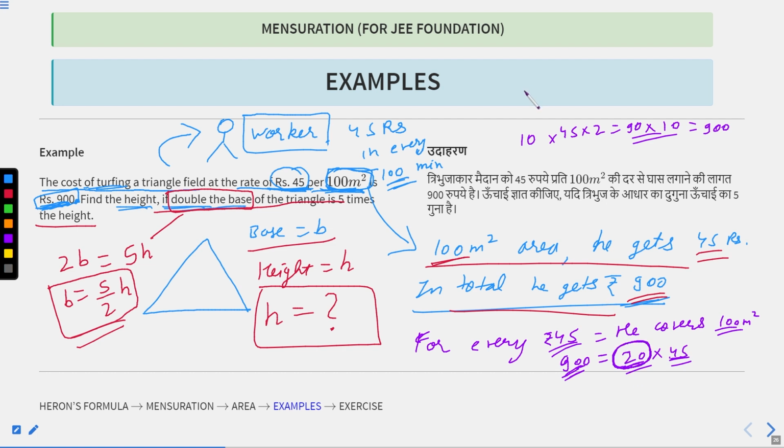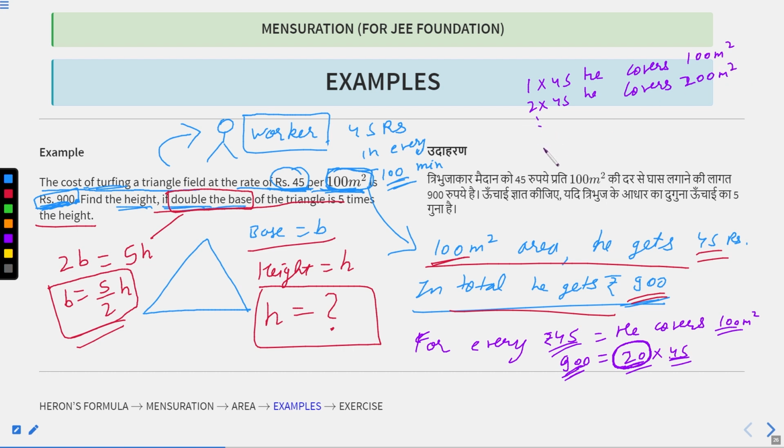For 1 time of 45, he covers 100 meter square, and for 2 times of 45, if in a single time he covers 100, in the second time he will also cover 100. Adding those two, we have 200 meter square.